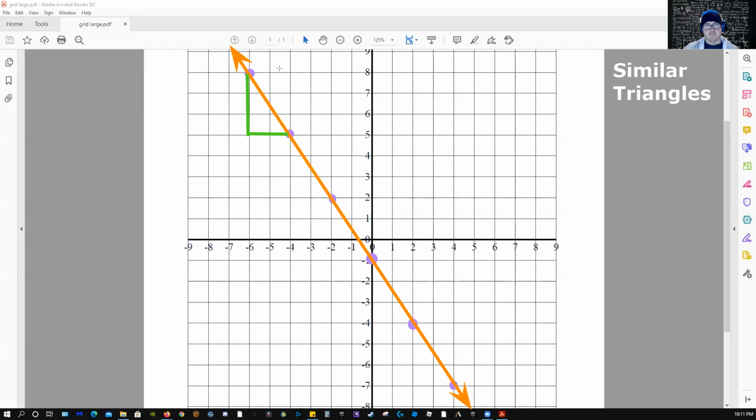So this triangle, let's call these points A and B. Okay, that is a similar triangle to any other triangle that would connect this line.